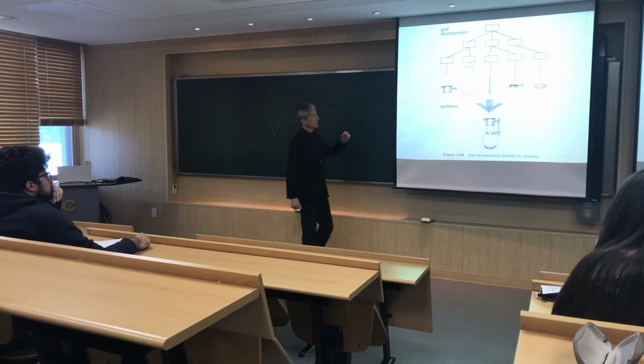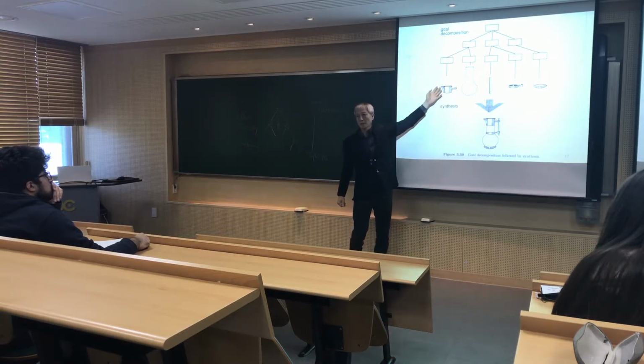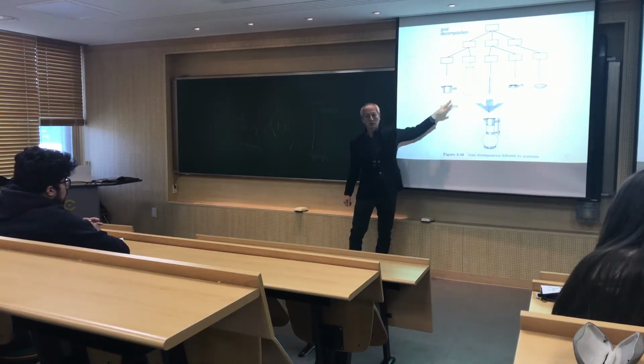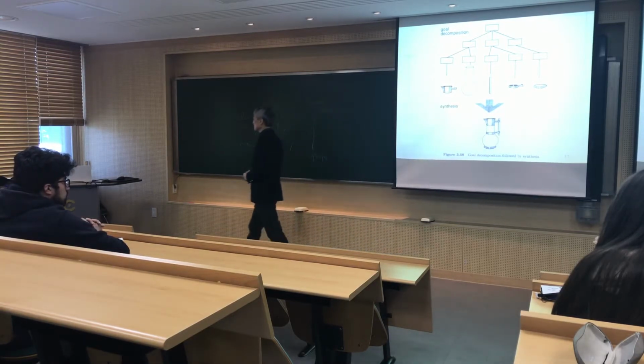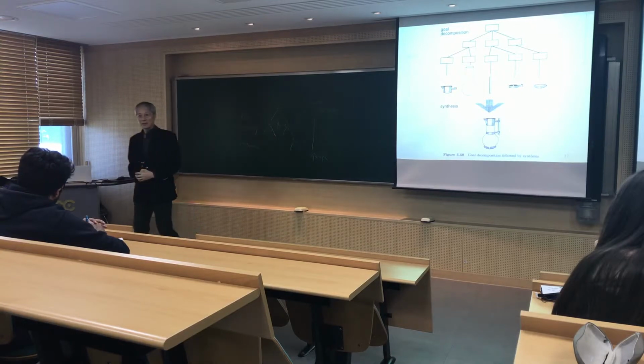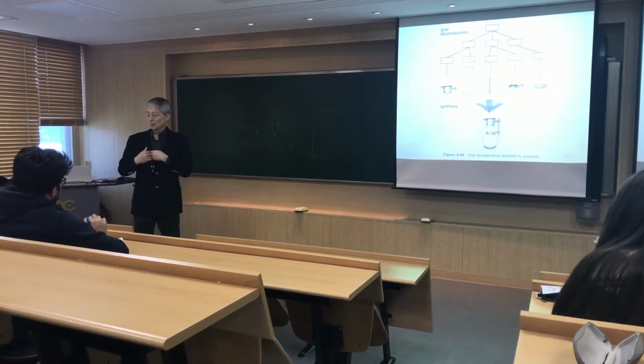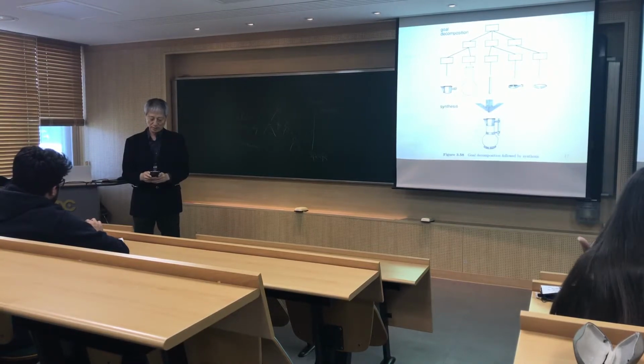A car can be divided into, say, 20,000 parts, like this one, assembly. Or how about an airplane? How about a ship? Or an ocean plant. There are more parts there.